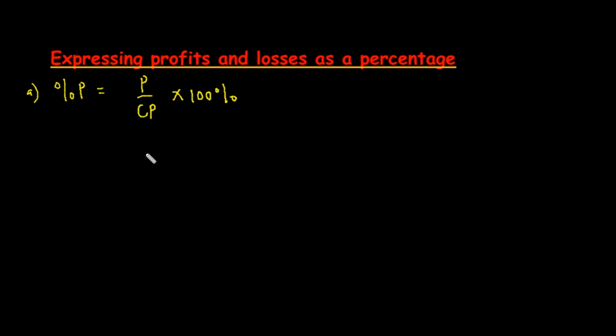Is that okay? Part B. If we want to calculate the percentage loss, we calculate it from the formula: percentage loss is equal to loss out of the cost price times 100%. Good.